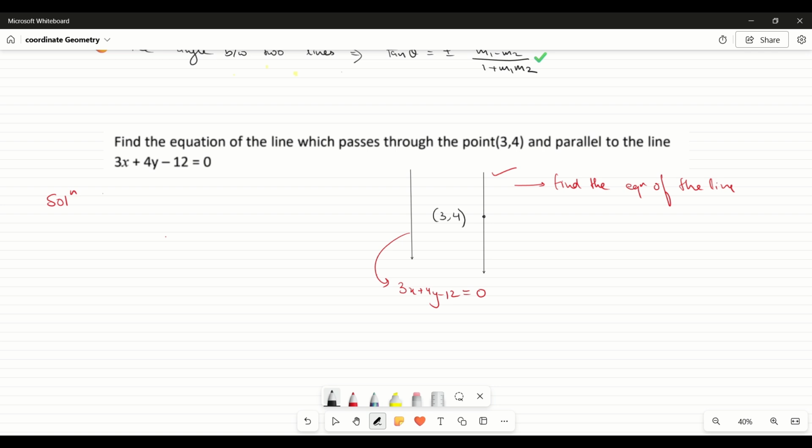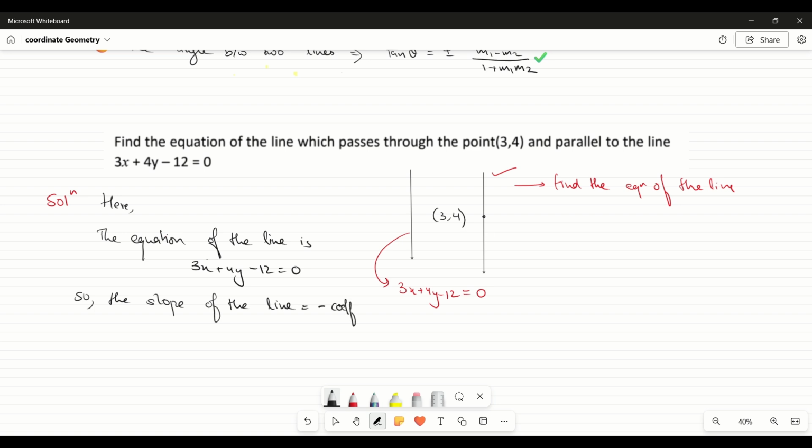Let's get started. So let's find the slope of the line. Here we'll write the equation of the line: 3x plus 4y minus 12 equals 0. Let's find the slope. The slope of the line is equal to, can I write directly, minus coefficient of x divided by coefficient of y. So it is minus 3 by 4.